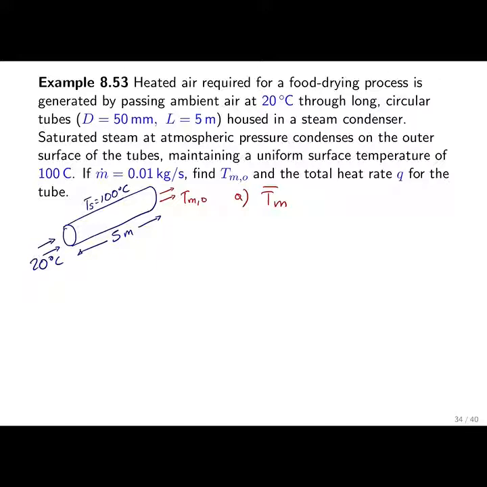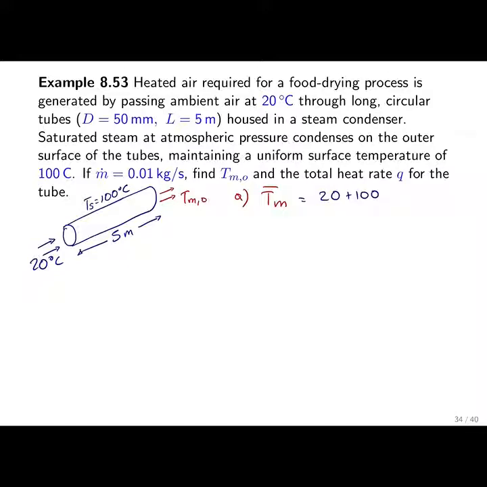We know that the temperature at the inlet is 20, so we have one value, but we don't know the temperature of the air at the outlet, so we have to guess. The surface temperature is 100, so the outlet should be less than 100, but the maximum will be 100, so I will put 100 as a guess.